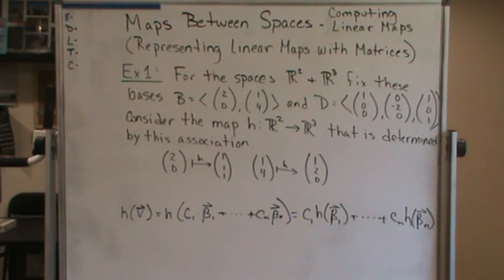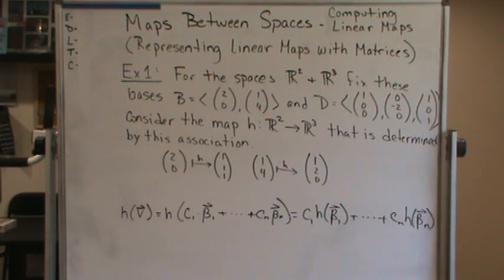Okay? And so this describes how we can get the value of the map on any vector by starting from the value of the map on the basis vectors and then extending linearly.